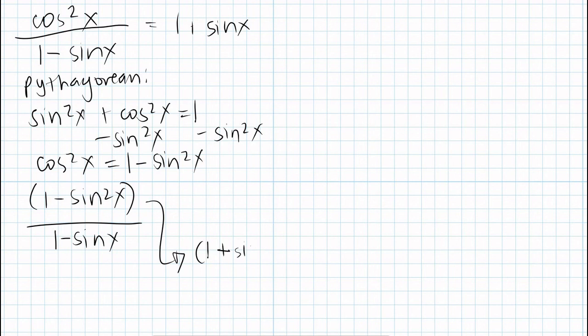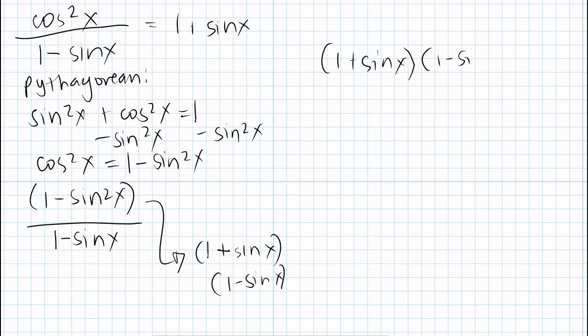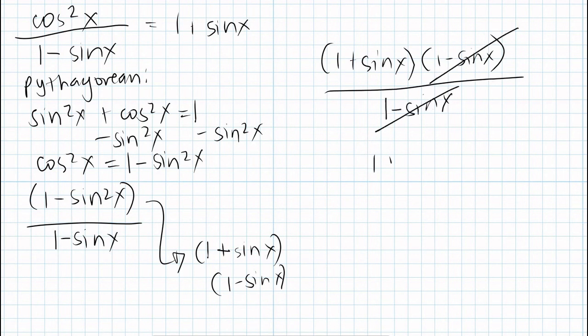It is 1 plus sine x times 1 minus sine x. That means we can rewrite this whole thing as 1 plus sine x times 1 minus sine x, and then the denominator is 1 minus sine x. Here we can cancel out 1 minus sine x, and that leaves us with 1 plus sine x, and that will be our answer.